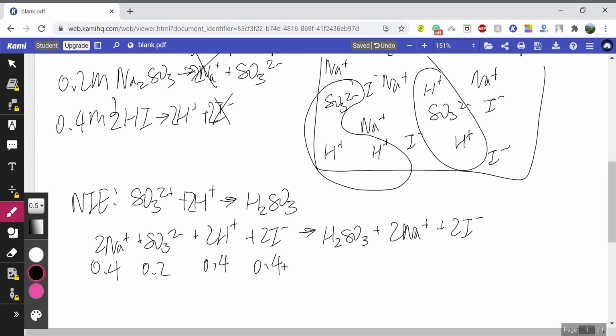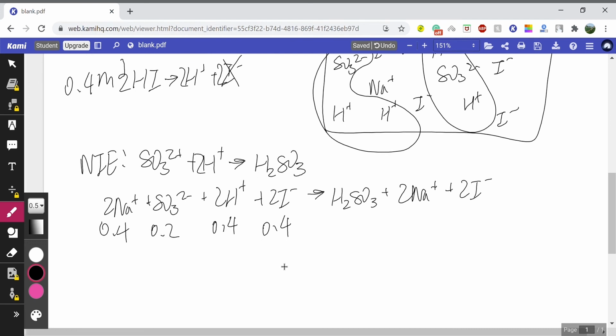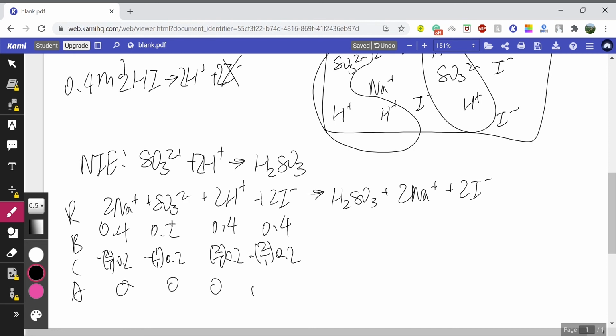Now, which one's the limiting reactant? By the way, this is going to be an RICE table. This is the limiting reactant, so change is minus 1 over 1 times 0.2, minus 2 over 1 times 0.2, and so on, which means there will be 0 for everything. For the product, it's 0 initially, plus 1 over 1 times 0.2, plus 2 over 1 times 0.2, plus 2 over 1 times 0.2.